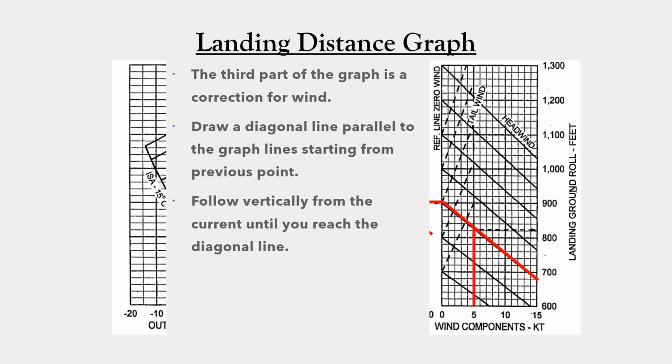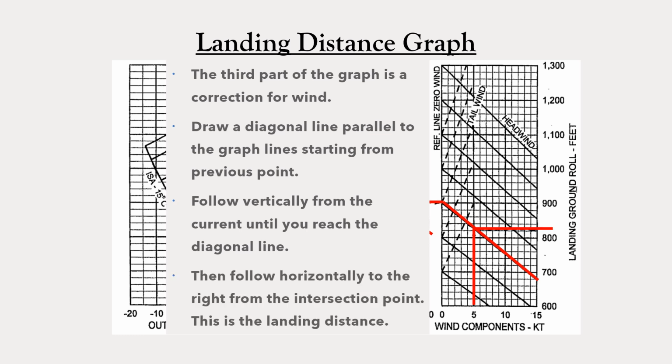In this case, we have a headwind, so we're using the downward sloping diagonal lines. If we had a tailwind, we would be using the upward sloping diagonal lines. So we draw a line up until we reach the diagonal line. Then we follow horizontally from that intersection point, and then we read the landing ground roll off from this chart.